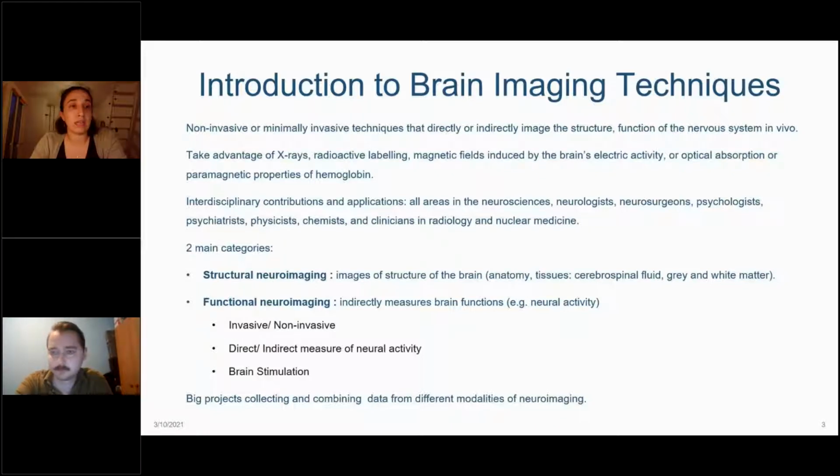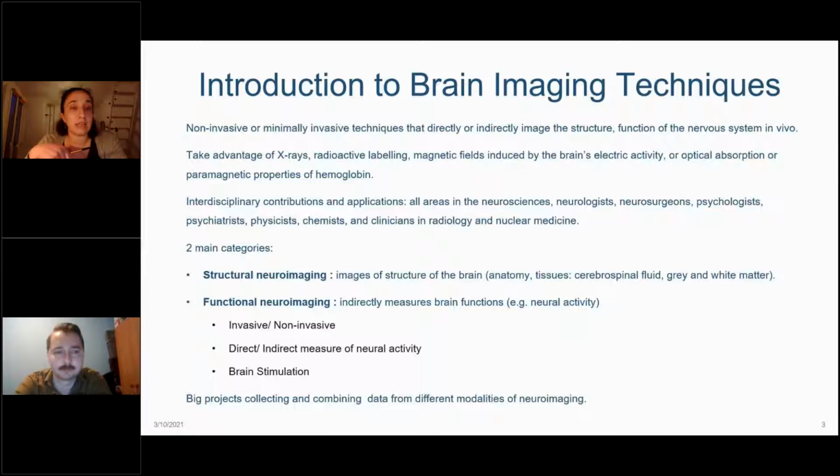And we take advantage of many technologies, like X-rays and radioactive labeling, and properties of the brain, like magnetic fields induced by the brain's electric activity and electric fields, as well as paramagnetic properties of hemoglobin.